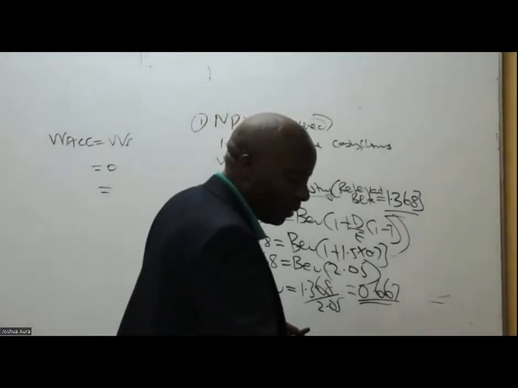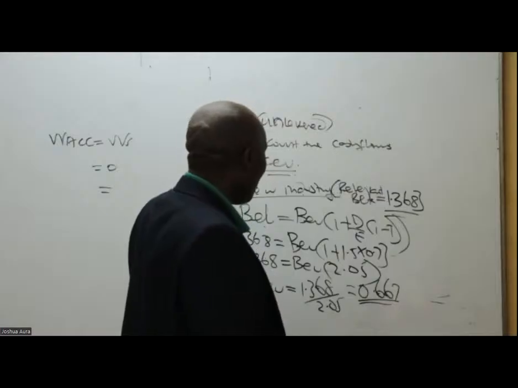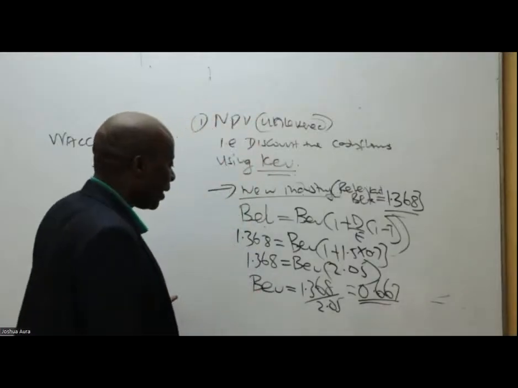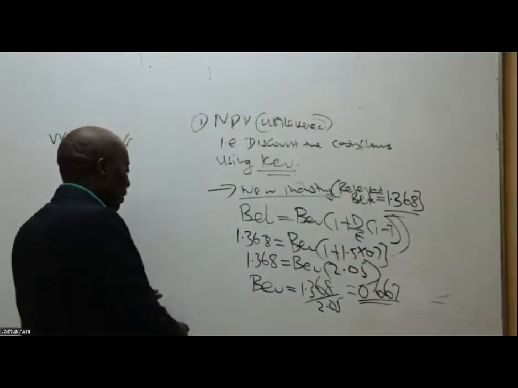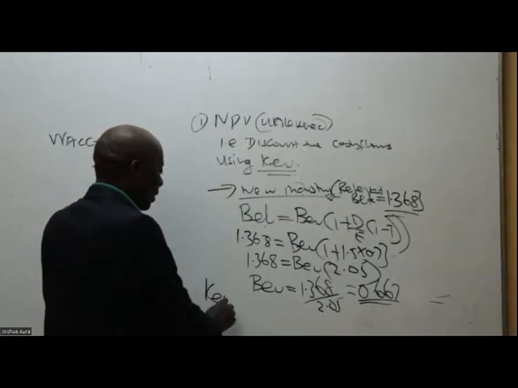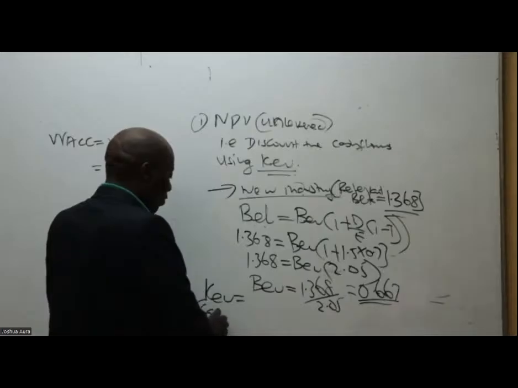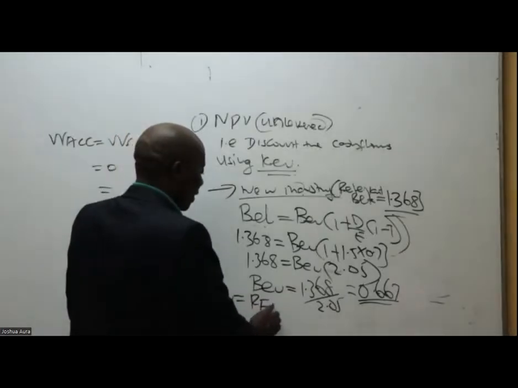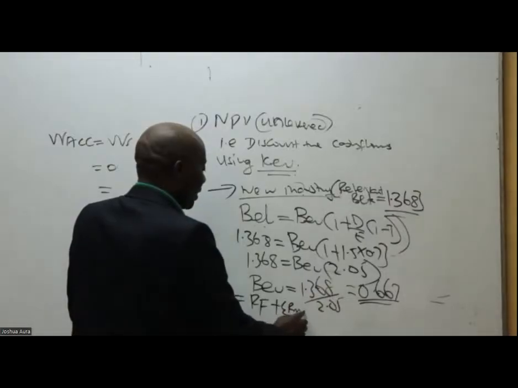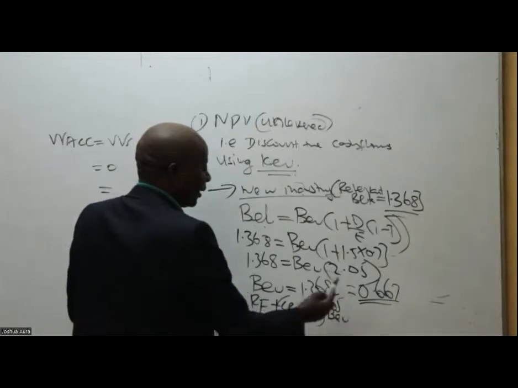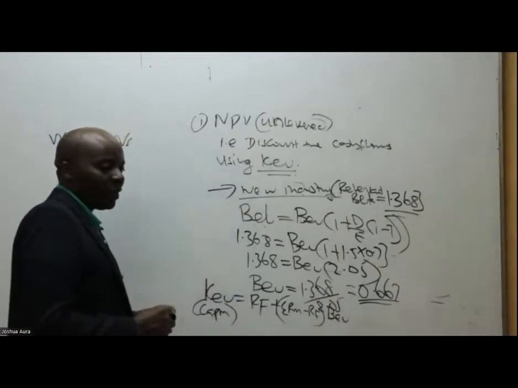Very fast, remember, I want to get my KU. To get my KU, I know I'm going to use CAPM. So CAPM should be risk-free, plus the return of the market minus risk-free, multiplied by the unlevered beta, pure unlevered.